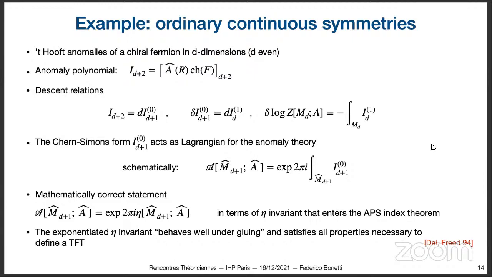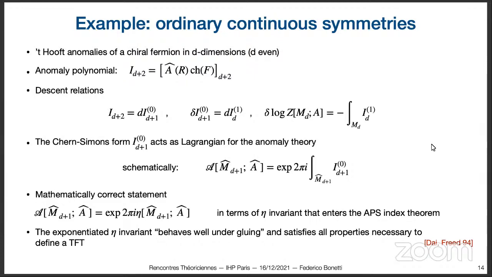And again, not super precisely, we can think of the Lagrangian of this anomaly theory as being precisely the I_0 form. Now, this is not entirely precise, but luckily, Dai and Freed have found out what is the precise formulation of this phenomenon. Instead of thinking of this Chern-Simons action, which is more of a physical picture of what's going on, the formal statement is that the thing we should put there is the so-called eta invariant. It's an object that appears in the APS index theorem.